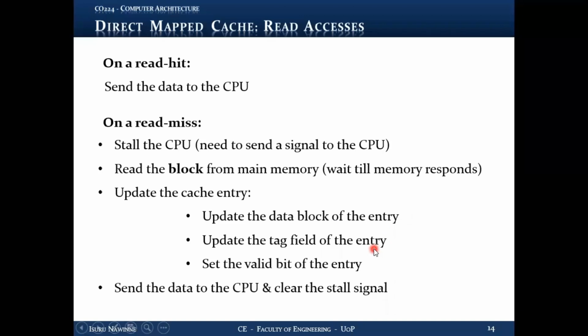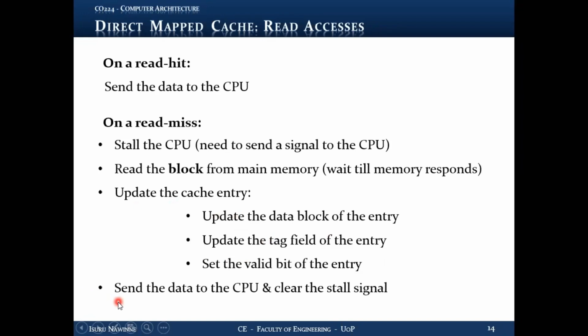Use the block address of that data block, extract the tag field from there and save it in the tag field of the entry. Then set the valid bit of that cache entry to denote that this is now a valid cache entry and the CPU can use it. So 3 things to do when updating the cache entry.